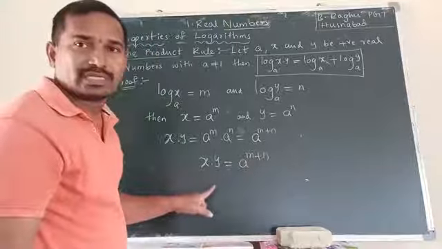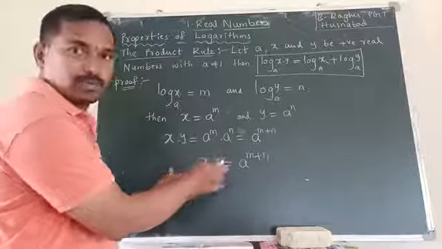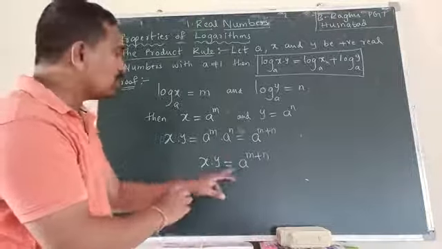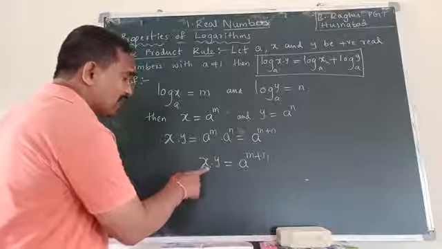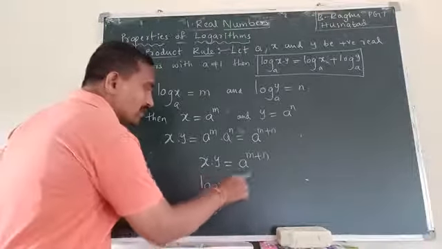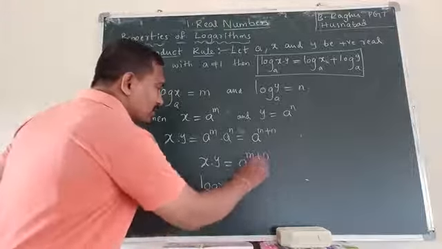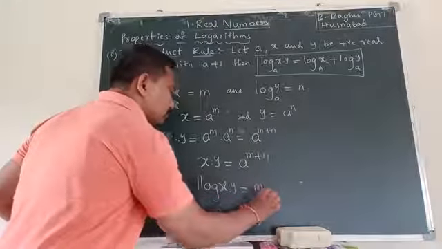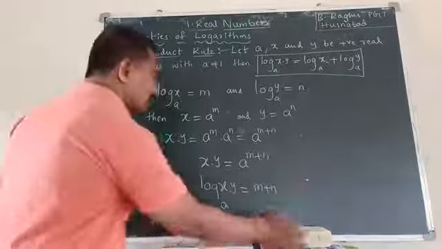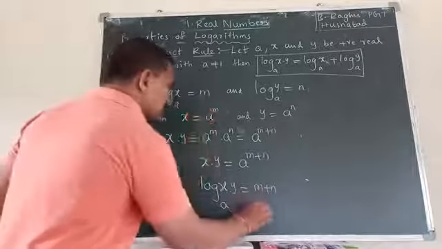Now x into y equals a power m plus n. If you convert this exponential form into logarithmic form, log of x into y base a equals m plus n. What is m? Log x base a.